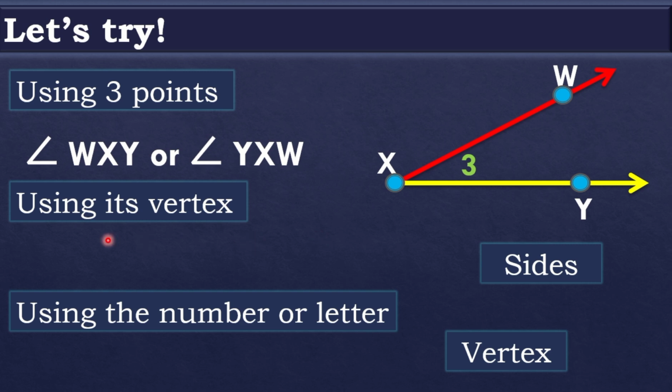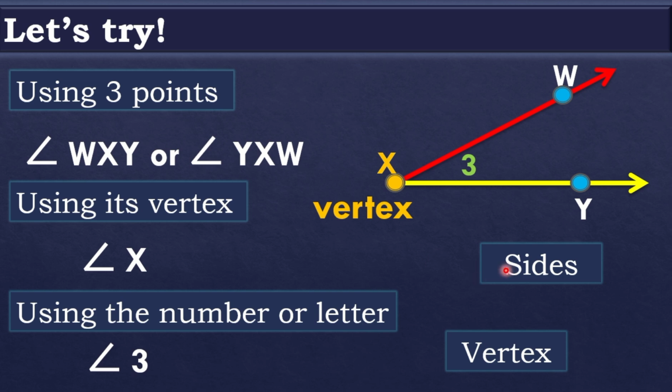Next, using the vertex, since isa lang yung angle natin, pwede natin siyang pangalanan as angle X. Ayan, pwede siya kasi isa lang yung angle mo. Next, using the number or the letter, since present siya, meron tayo dito, so pwede rin natin siyang pangalanan as angle 3. So, ito pong tatlo na to, this is just referring to one angle. Iba-iba lang po ang pangalan. Kasi nga po, we have 3 ways of naming an angle.